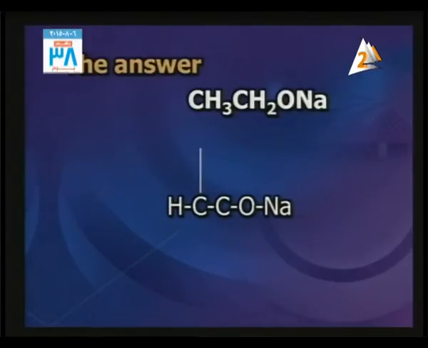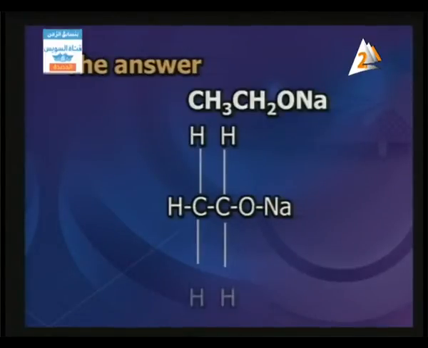This is the molecular formula, but I need the structural formula. So C bonded to 2H, the first one on the left-hand side, and another hydrogen here, and the second carbon atom bonded to two hydrogen atoms and one oxygen atom that is bonded to what?